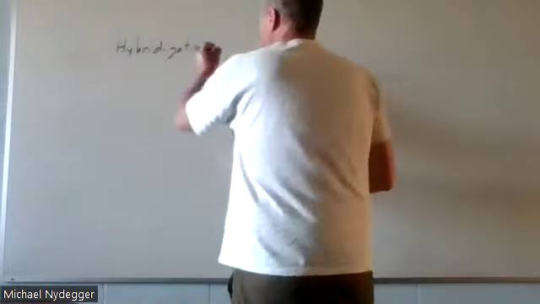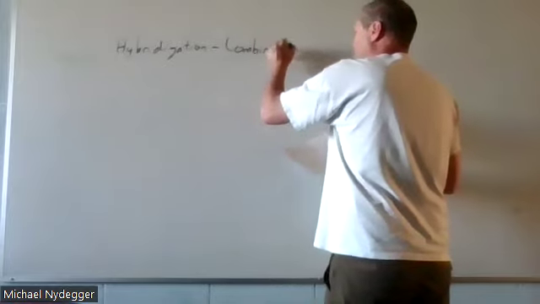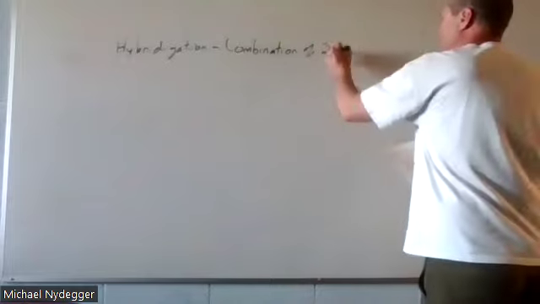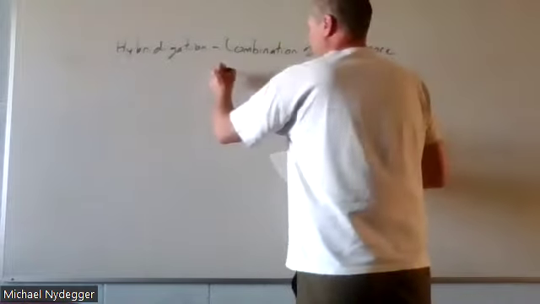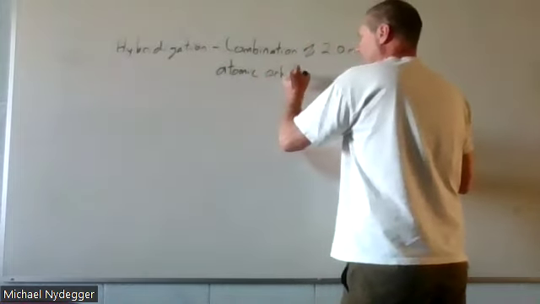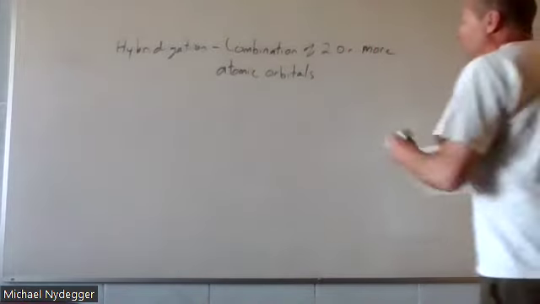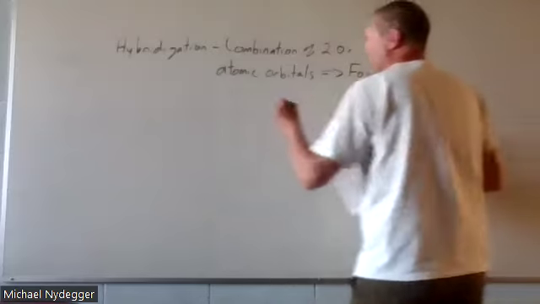So hybridization is a combination of two or more atomic orbitals, and these form hybrid orbitals.